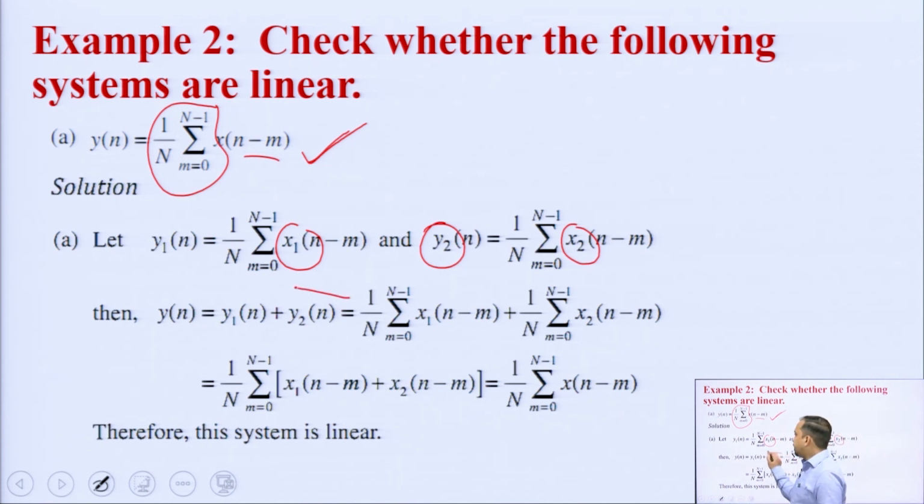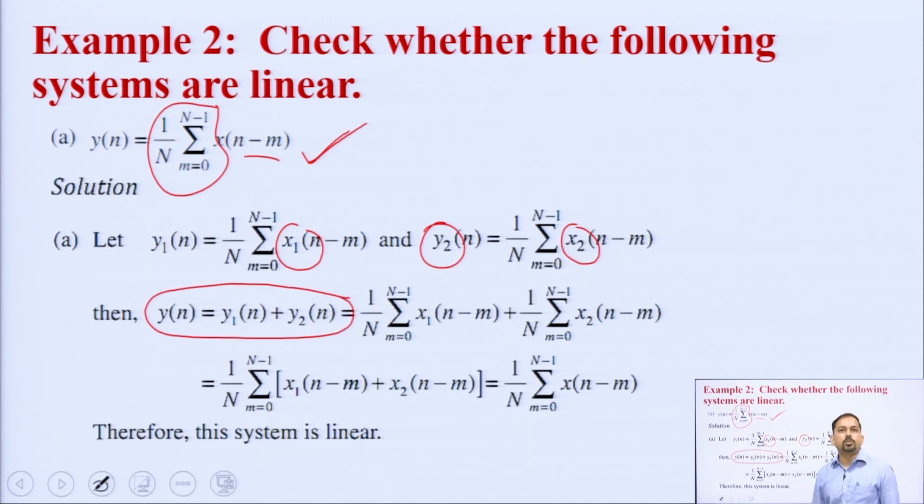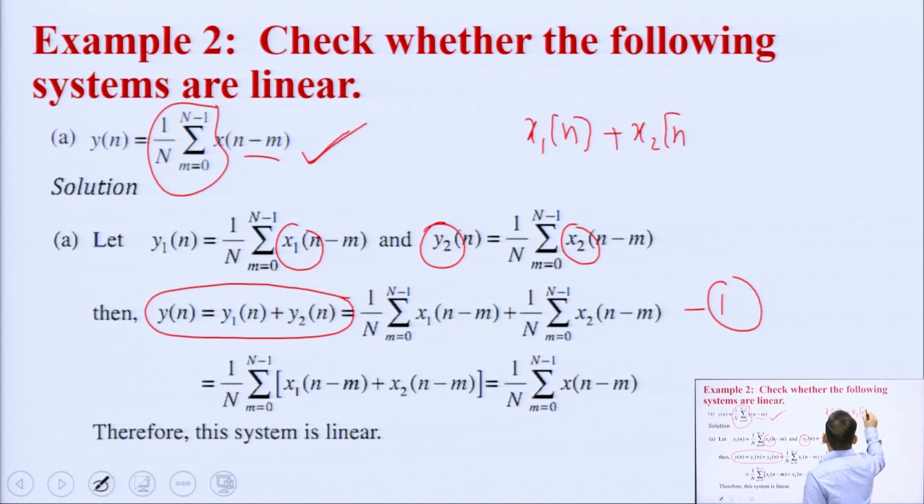If we add these signals, y(n) equals y1(n) plus y2(n), so we are getting, let us say, equation number 1. Now, if we have the signals x1 plus x2 and after that we apply the system directly, we are performing the system on x1(n) plus x2(n).